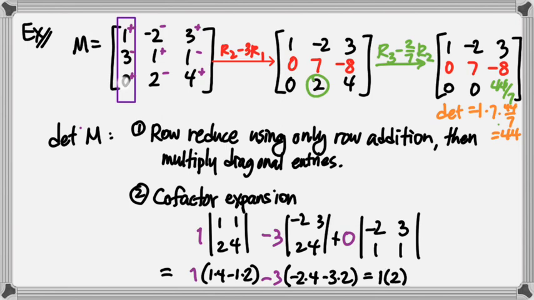So that's going to be 1 times 2 minus 3 times negative 8 minus 6. That's negative 14. And that's 2 plus 42, 44. So there's some justice in the universe. We got the same answer using both of these approaches.